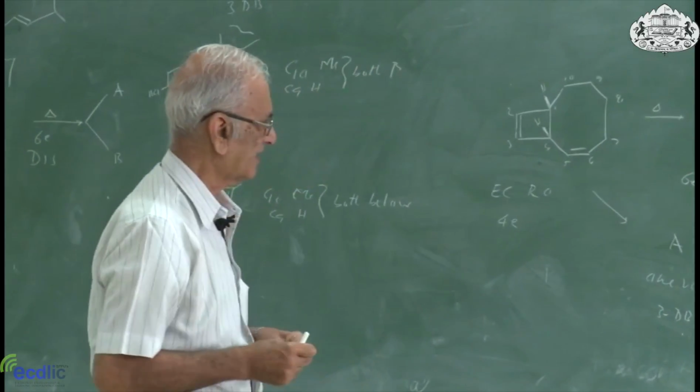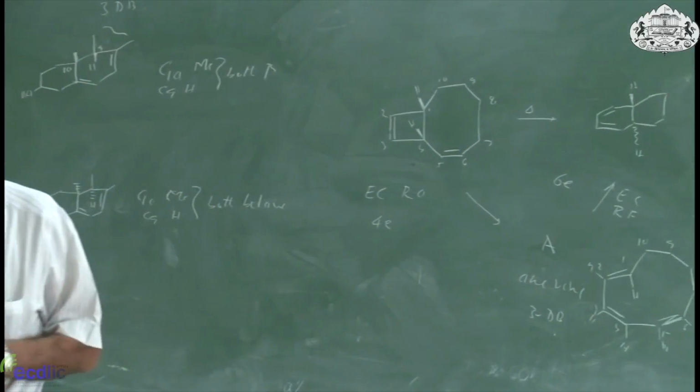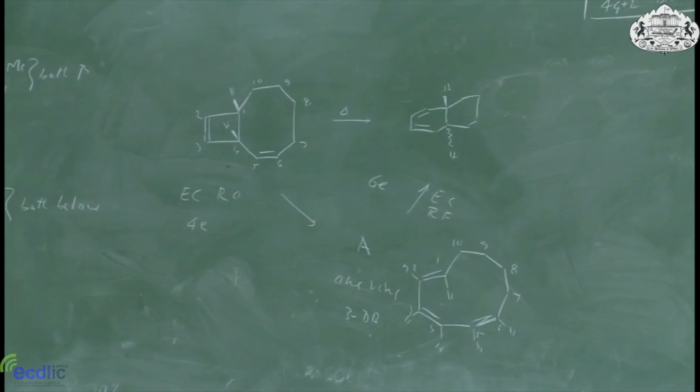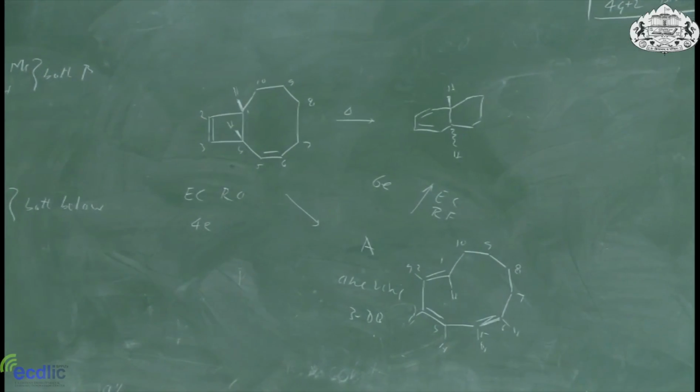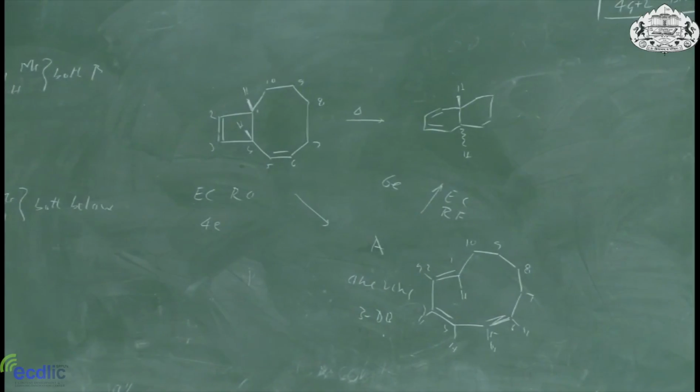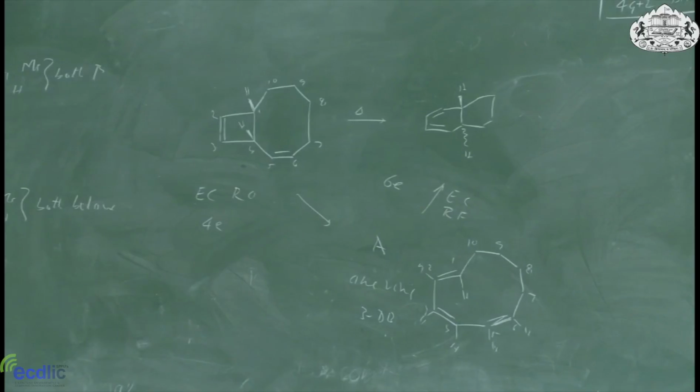So, if you are looking at that 6-electron thermal reaction, what is our picture? 1 hydrogen is on the inside, 1 hydrogen is on the outside. 6-electron thermal reaction is going to be disrotatory. Therefore, your 2 hydrogens will be trans.